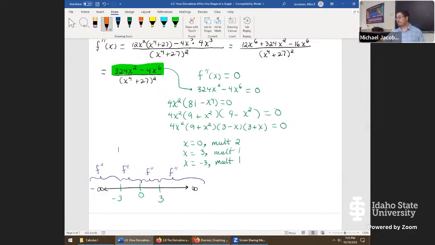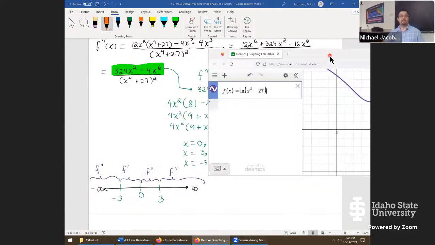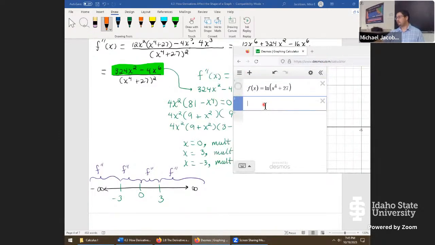Here's our second derivative right here. And as a homework problem, really great idea to take advantage of the calculator this time. So I'm going to hide this function. Let's put in the second derivative. Actually, I think I have to delete it if I'm going to work with it that way. So f of x, think of this as, I'll write d2f to say it's the second derivative.